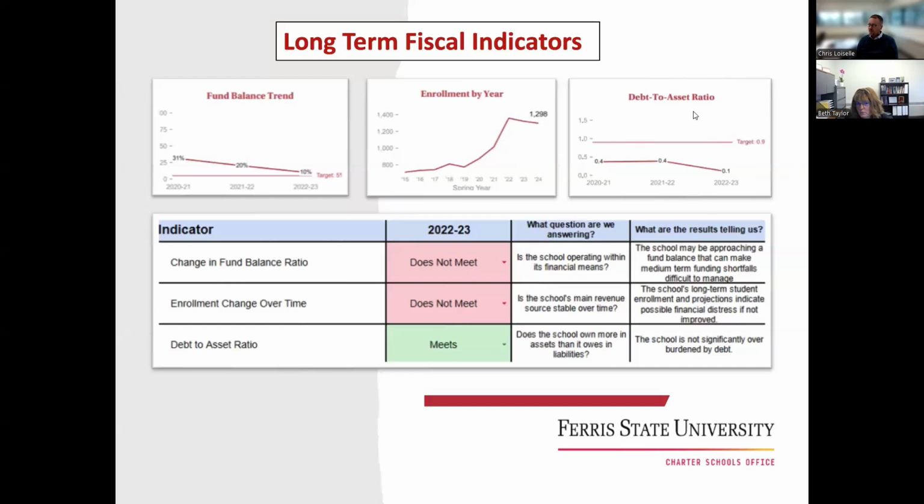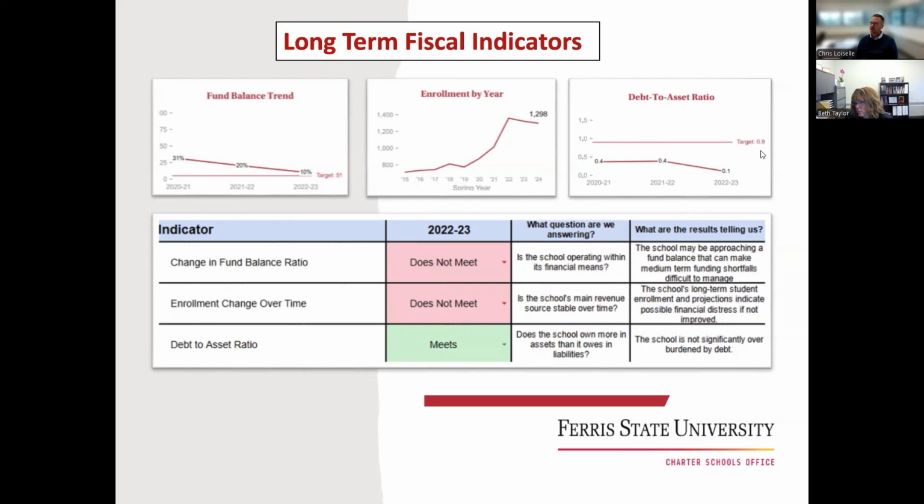The higher level of debt you have, the less flexibility you have as a school, and the greater these enrollment declines can have on the financial condition of the school. The lower this debt to asset ratio is, that indicates there's a very low amount of debt to the amount of assets the school has.